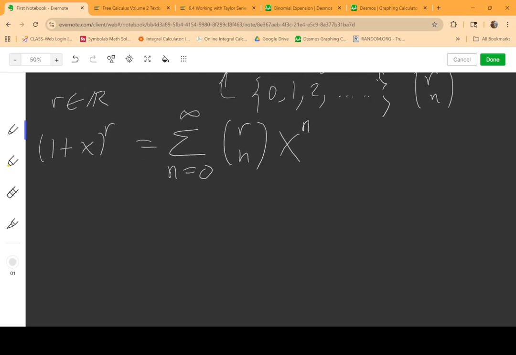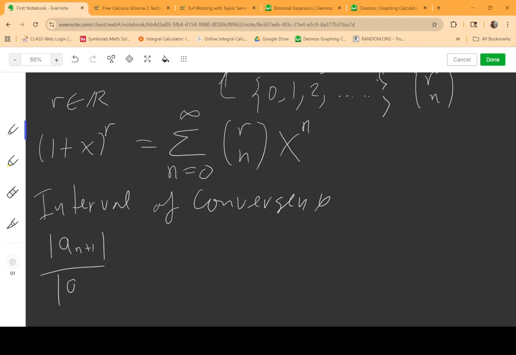Now the interval of convergence. We'll use the ratio test. So if I do that, here we have r times r minus 1, r minus 2, down to r minus n plus 1.